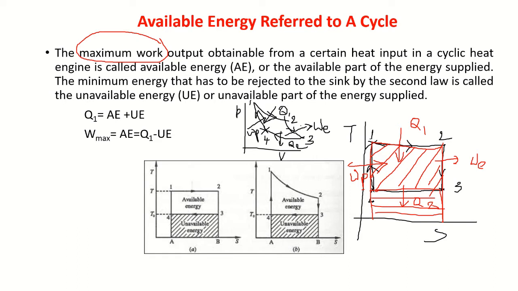So what do we do now? Suppose, let us say this expansion process 1 to 2 and 2 to 3. Suppose I have a piston and cylinder system. This is a piston, this is the system.